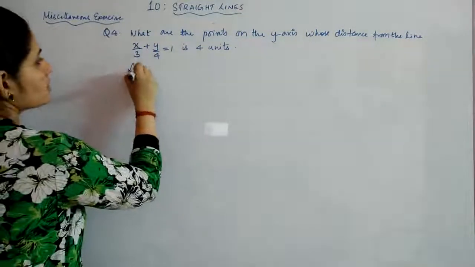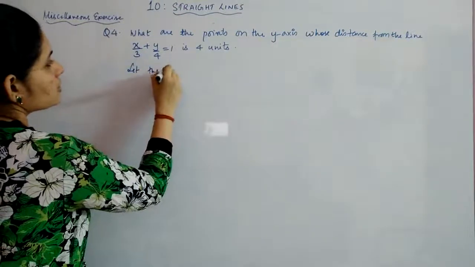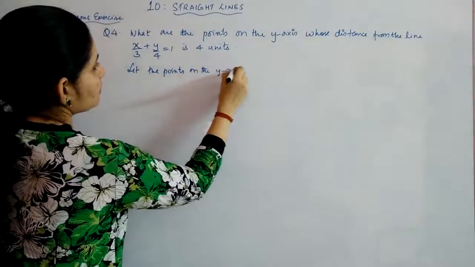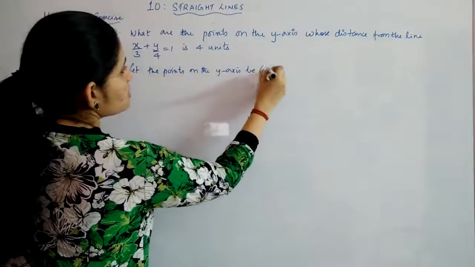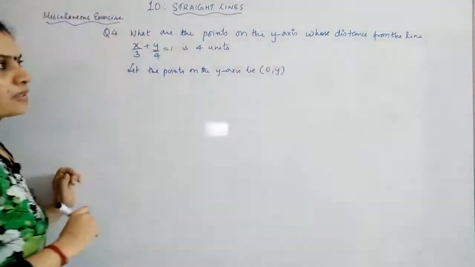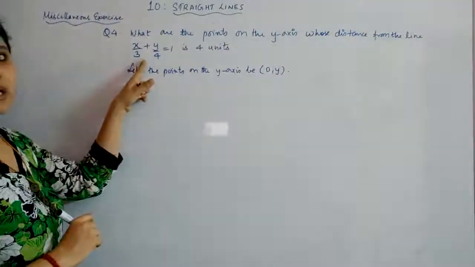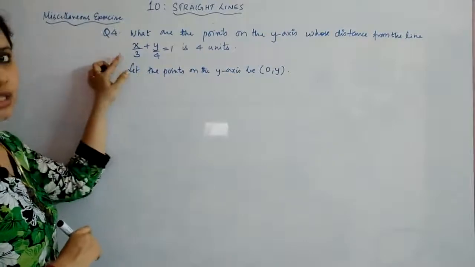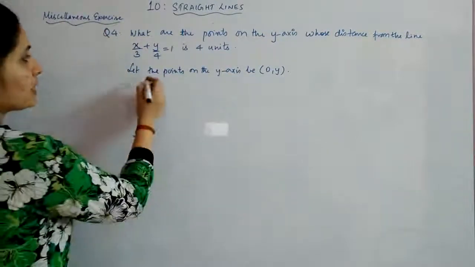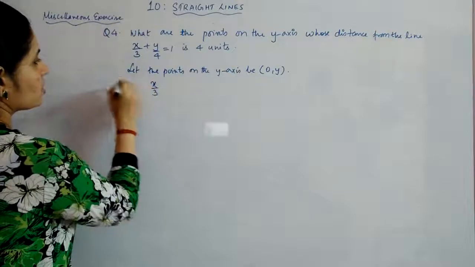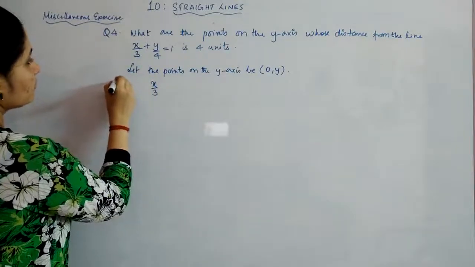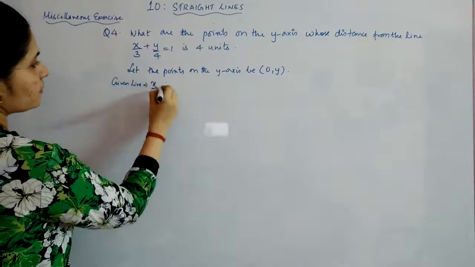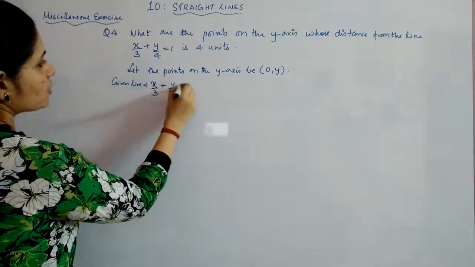So let the point on the y-axis be 0, y. Now what we are doing is we are making it in the form ax plus by plus c equal to 0. Why? Because the distance formula is applicable in that form. That's why we are changing this equation. The given line is x by 3 plus y by 4 equal to 1.